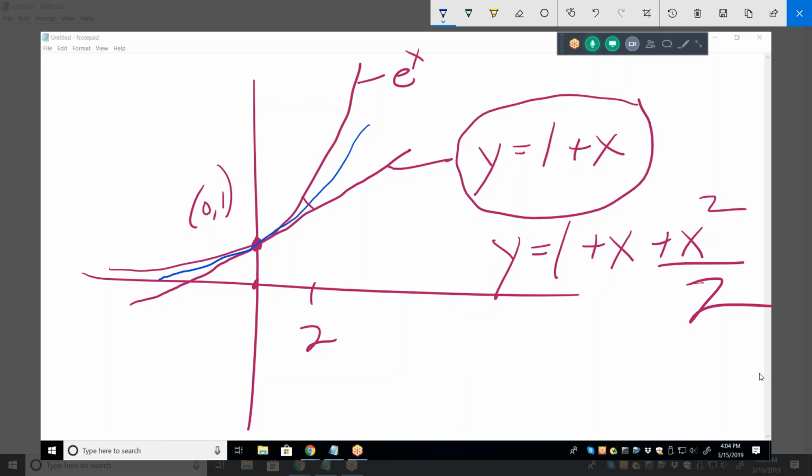Wow, just adding the second derivative made it nearly match e to the x almost exactly. And I got this by using the second derivative. Taking additional derivatives, you end up with a polynomial that is exactly the same as e to the x.